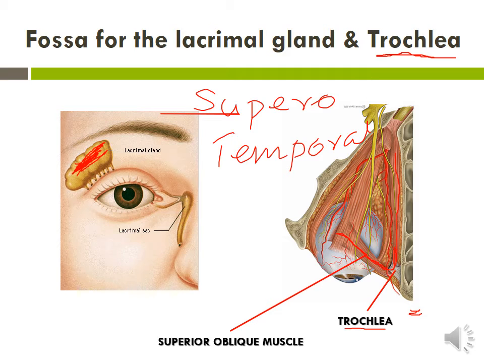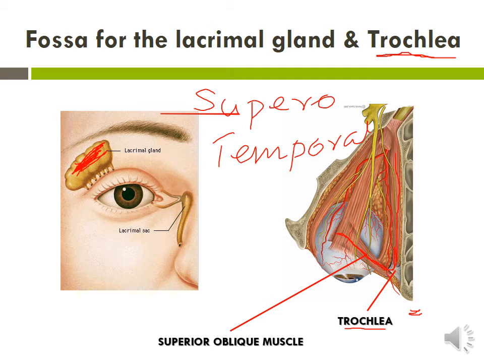So we need to remember a couple of things in the orbital roof, right? One is the shape of the roof. We know that it is triangular, right? And the second one is which bones make up the roof.